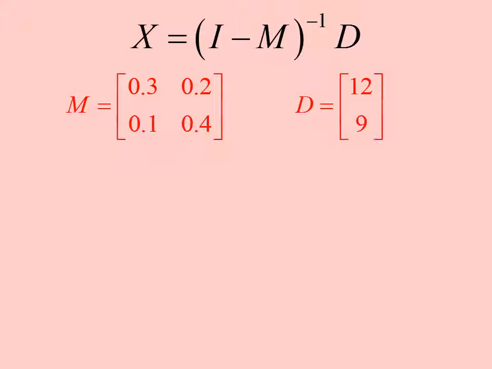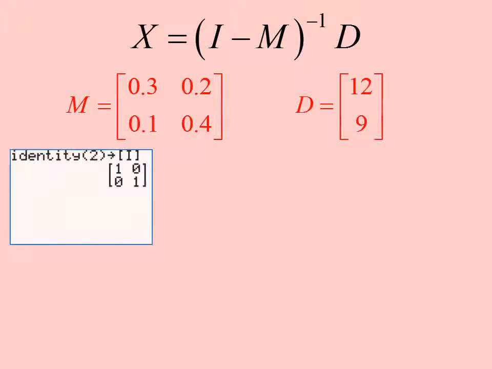We can enter those into our calculator along with the identity matrix. Now since the technology matrix is a 2 by 2, our identity matrix needs to be a 2 by 2.